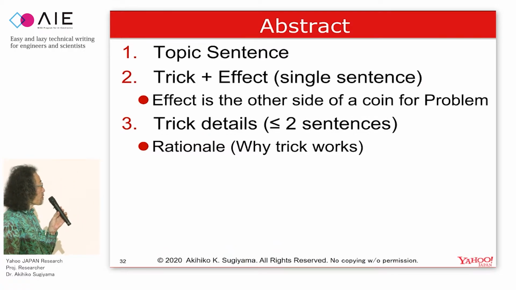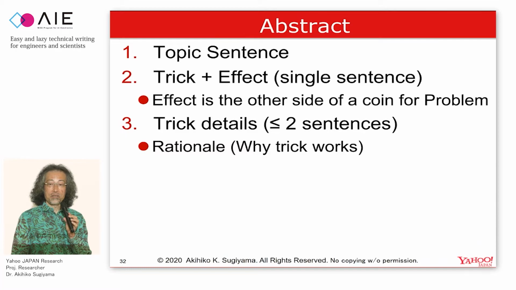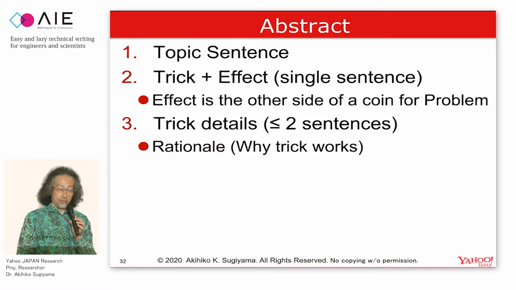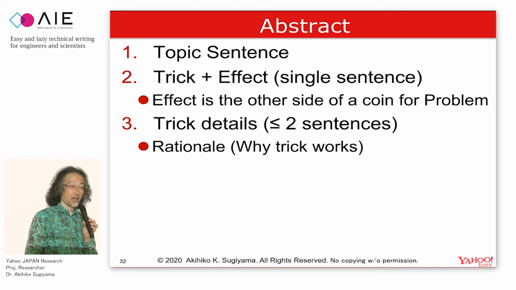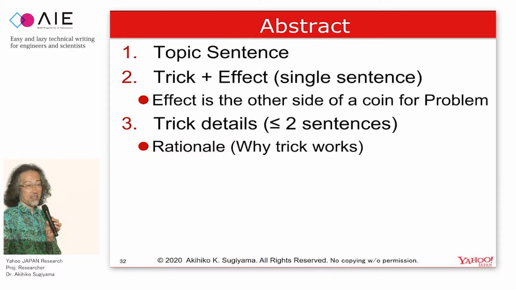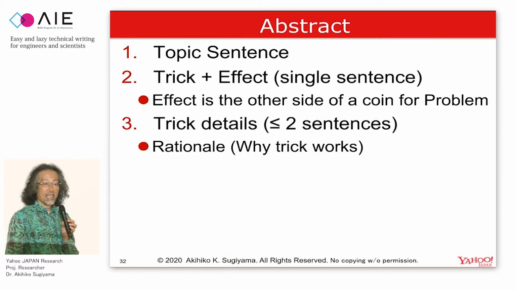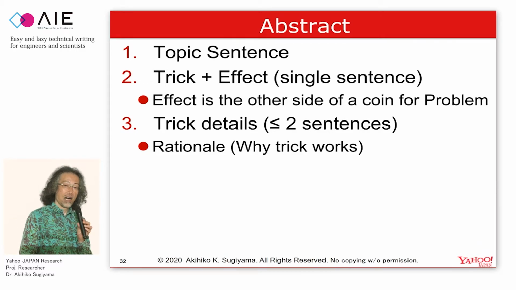It is important to put the rationale, why your trick works. In the case of Professor Nakamura, the pressing gas presses down the upcoming gas so that its movement is quantified.